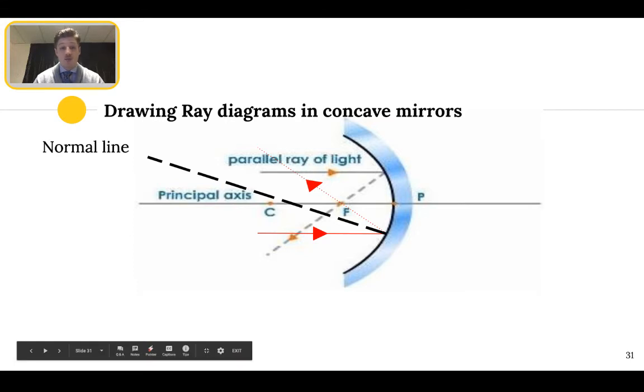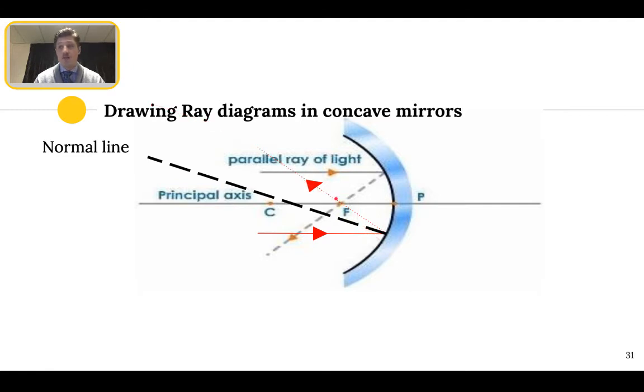A normal line can be drawn where the ray hits the mirror, and the angle of incidence equals the angle of reflection, where the rays cross at a focal point, which is F here. A third incidence ray can be drawn on the opposite side of the principal axis, with the reflected ray crossing the focal point as well.